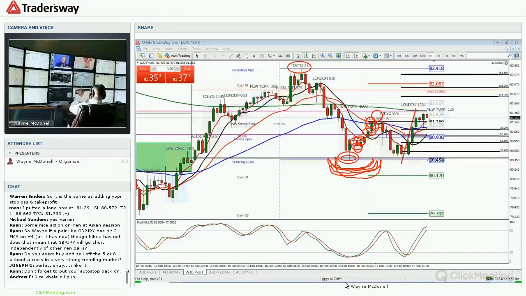Okay, there's one. Look at Tokyo Open now. Right? Tokyo falls back down, but notice the trade. Zip, zip, Fibonacci, right? Can you see it? Clear opportunity to sell.